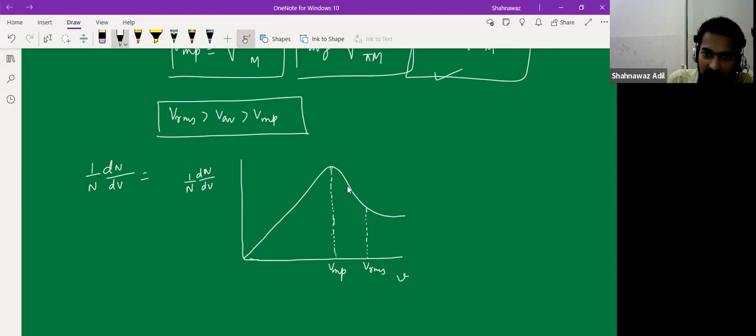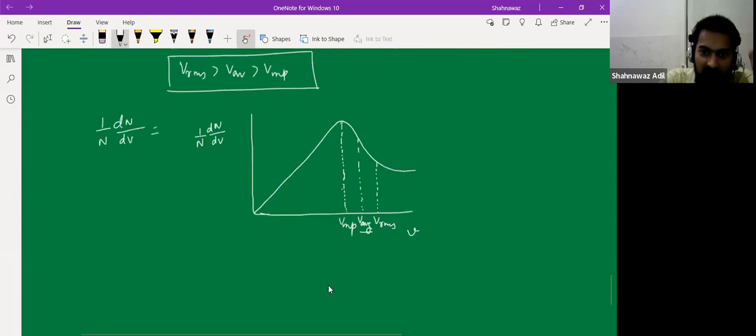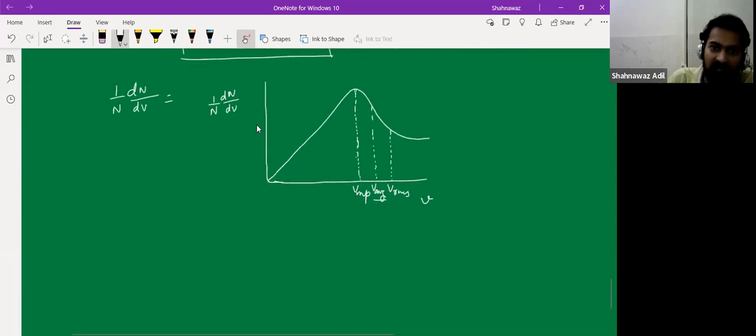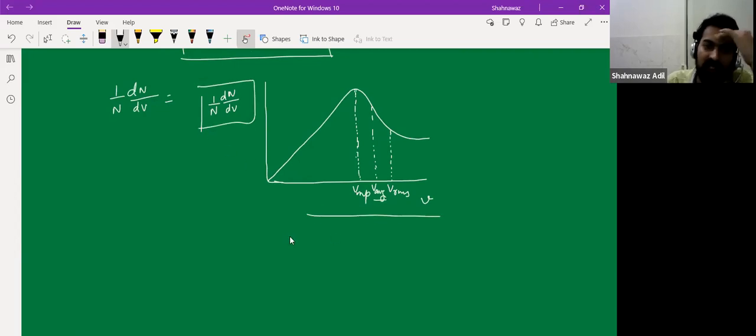And then in the middle, you had the average. Right. Understood, guys? Yes, sir. Okay, so this graph represents this probability and the velocities of this Maxwell distribution, right?